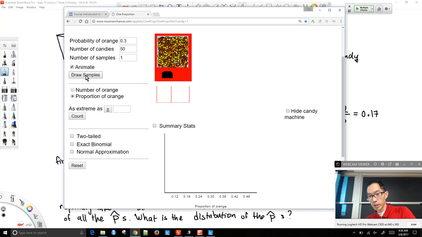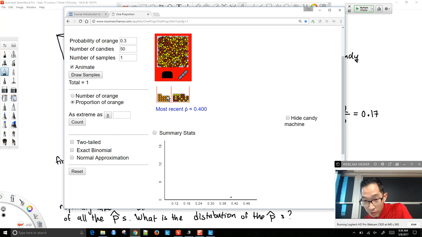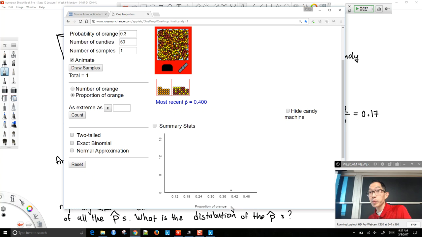So I'll just animate the first one. There we go. It's going to keep drawing until it gets a total of 50 pieces of candy, and it counts out 20 pieces are orange, 20 pieces out of 50. So we do 20 divided by 50, it gets a p hat of 40%. And then it plots the 40% right here, and it's going to build up a dot plot here. This is how we'll keep track of all the different p hats that we see. I'll do another one of these.